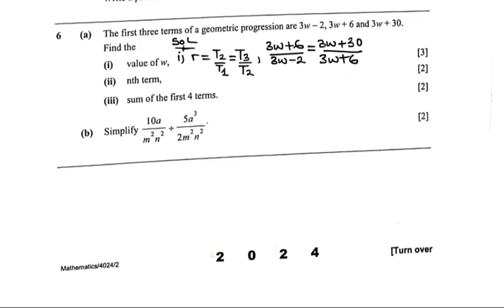To get the value of w, we cross multiply. So 3w minus 2 will multiply with 3w plus 30, and 3w plus 6 will multiply with 3w plus 6.